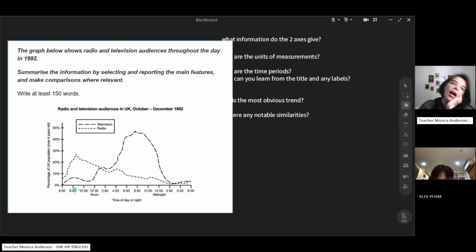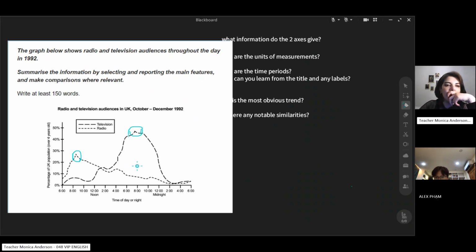So when I'm looking at these two lines, the first thing that draws my attention is this point and this point. I can see the top level and the highest point of these two line graphs.